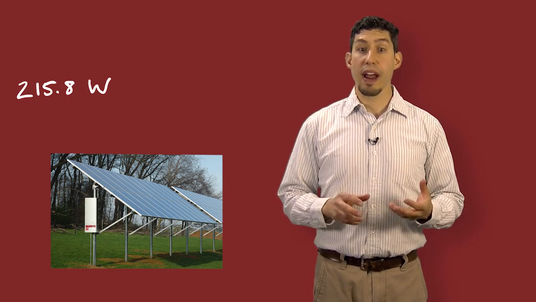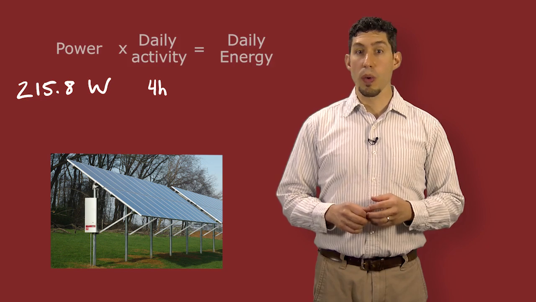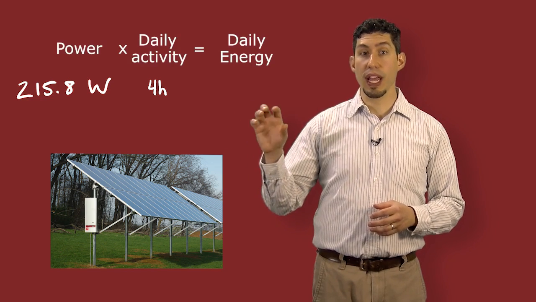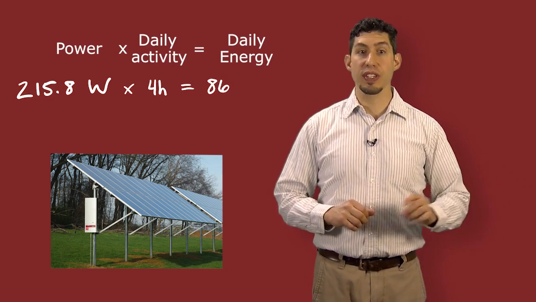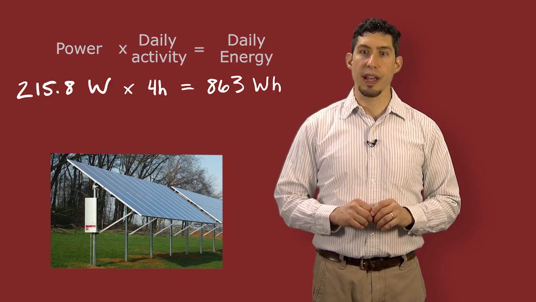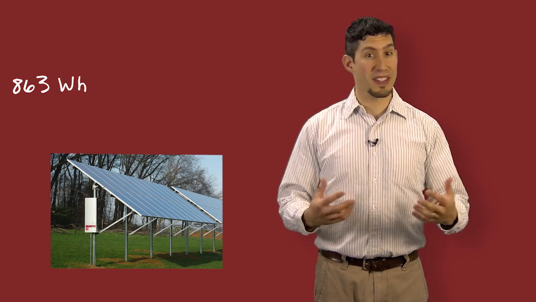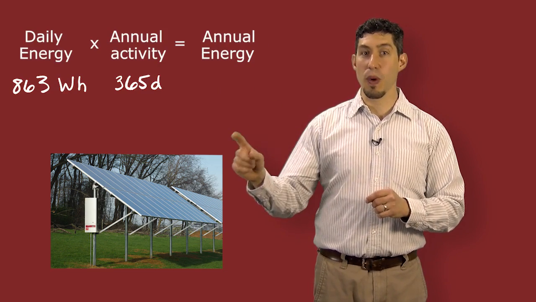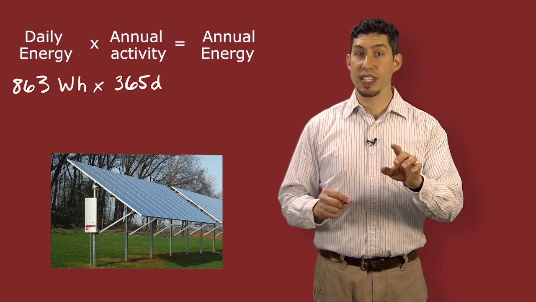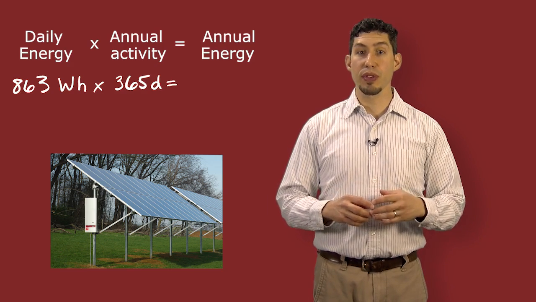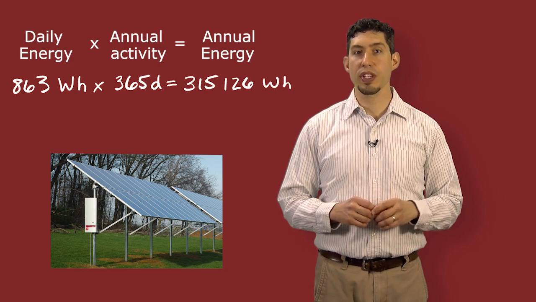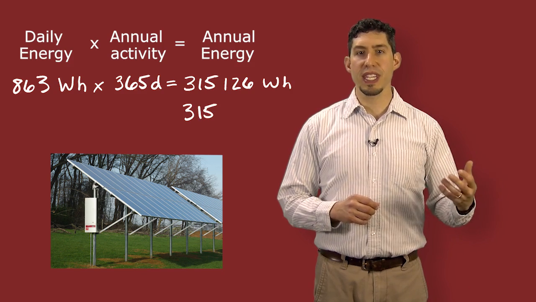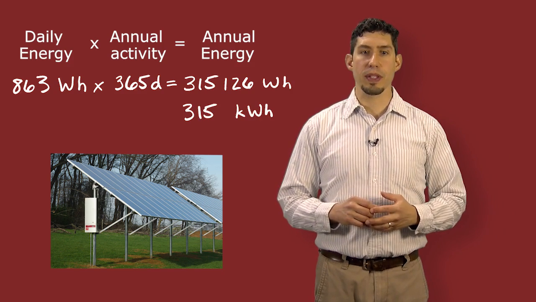If it does this for an average of 4 hours per day, we multiply the 215.8 watts by the 4 hours, and it would produce 863 watt hours per day. And if it does that for 365 days per year, we multiply the 863 watt hours times the 365 days per year, and it produces 315,126 watt hours, or 315 kilowatt hours.